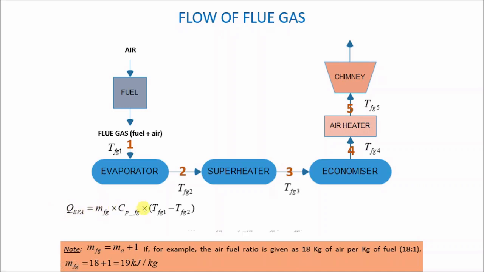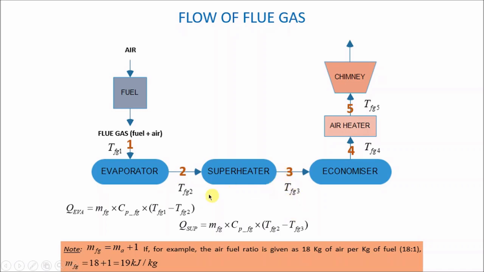And then you have another similar equation for the heat absorbed by the superheater, but bear in mind here that the temperature difference is now between the temperature of the flue gas at state 2 and the temperature of the flue gas at state 3.